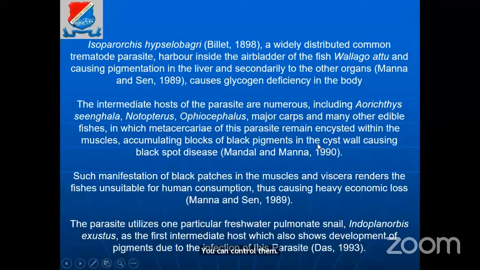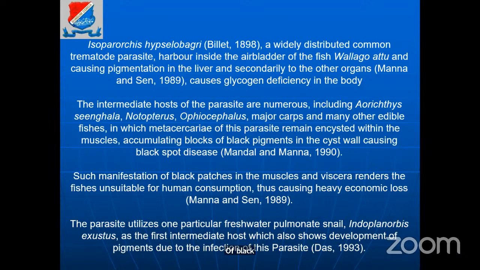Now, the intermediate hosts, that is the Oryctes, Singhala, Notopteras, Ophiucephalus, major carps, edible fishes, where the parasites are encysted within the muscles, accumulating blocks of black pigments of the cyst, all causing black spot diseases.